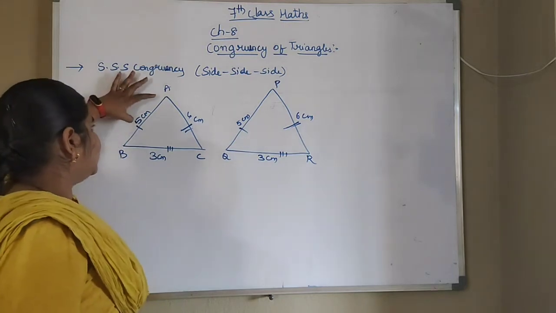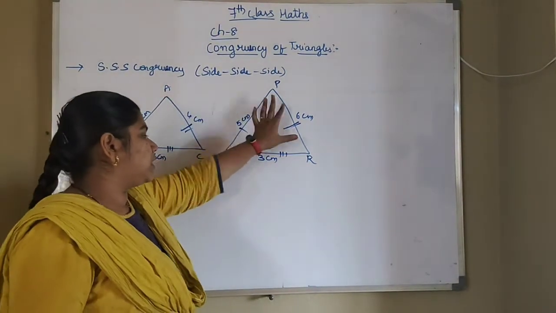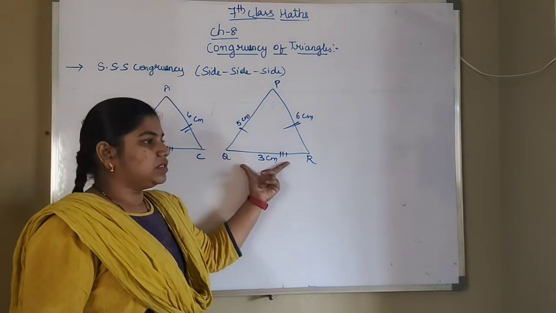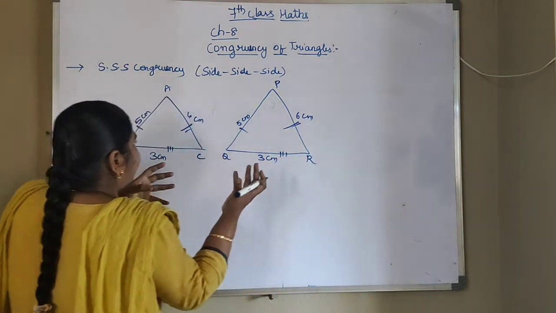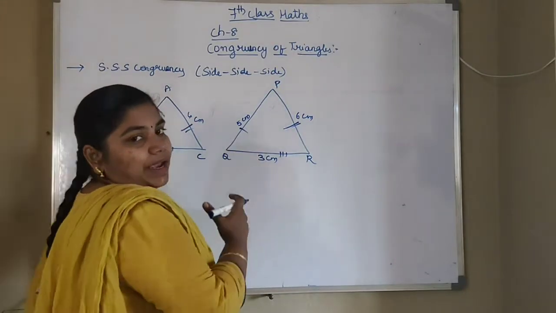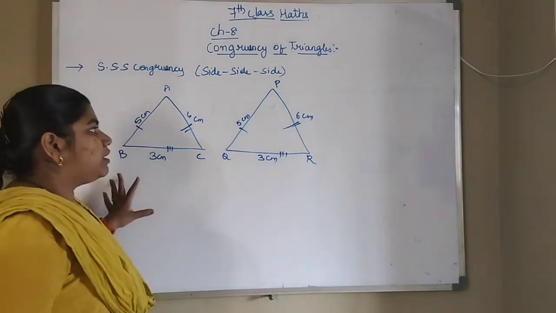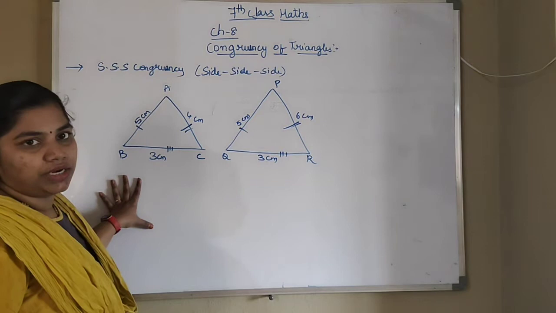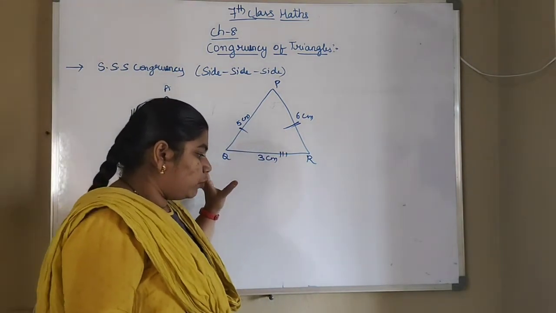So here I can say this side is equal to this side, and this side is equal to this side. That means if I take out this triangle and place it on this triangle, both the size and shape will be the same. Okay, so this is called side congruency. All the 3 sides should be equal in both the triangles.